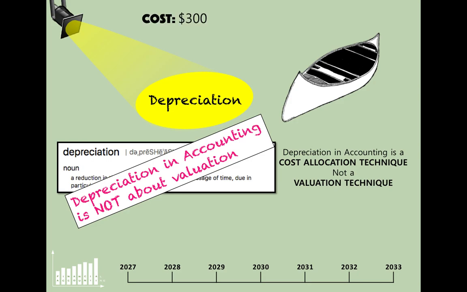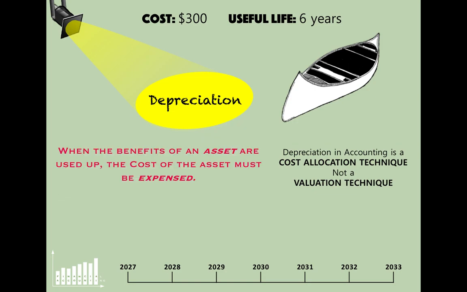Let's say that this canoe costs $300, and we expect to use it for 6 years of time. When the benefits of an asset are used up, the cost of the asset must be expensed. Now, we talked about that with relation to prepaid rent.